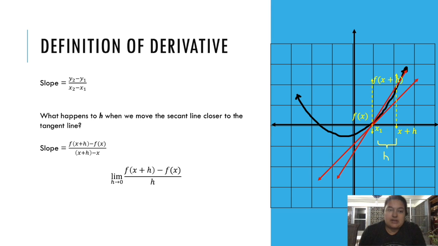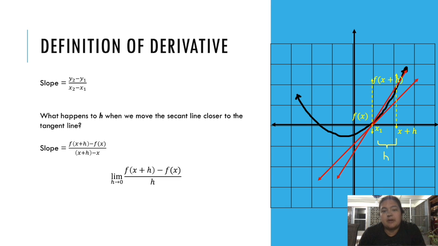And then I can write this as a limit, okay, as the limit as h approaches 0 of my slope function. Okay, so I went ahead and I simplified. If you see the denominator of my slope, it was x plus h minus x. Those x's cancel, and I'm just left with h as my denominator. And so I can find the limit as h approaches 0 of my slope function.